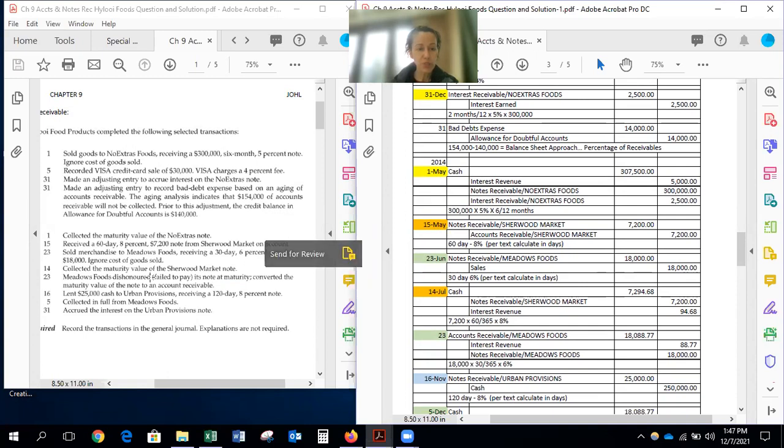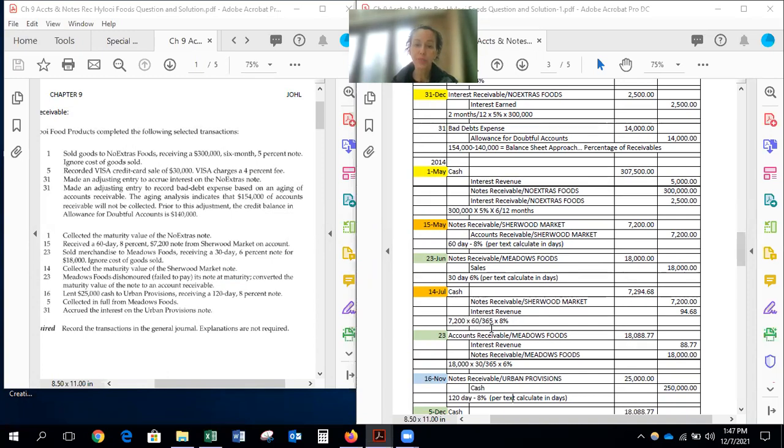Now, if we jump to July 14th, it says they collected the maturity. So here we are, July 14th. We've got a debit to cash, which is going to be the 7,200. It's a 60-day note, so 60 divided by 365 times 8%. 8% is an annual rate, which is why we need to prorate it.